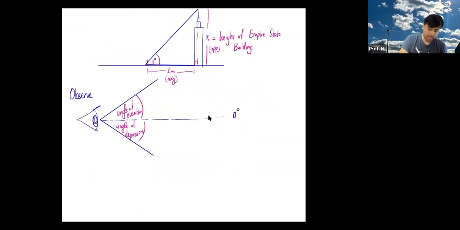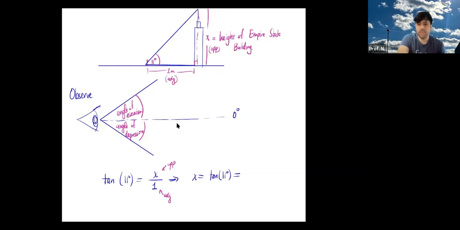So then what do we say? Tangent of 11 degrees is opposite over adjacent. And x over 1 is just x. So the height is simply tangent of 11 degrees. And what is tangent of 11 degrees? You can go into your calculator.